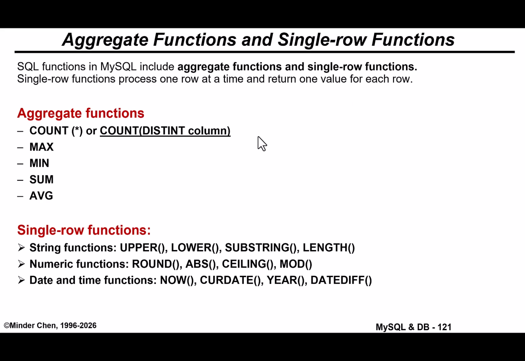what are the aggregate functions available in SQL. They're pretty simple. Count: how many rows exist in your table or in your select statement as a result of your select statement.